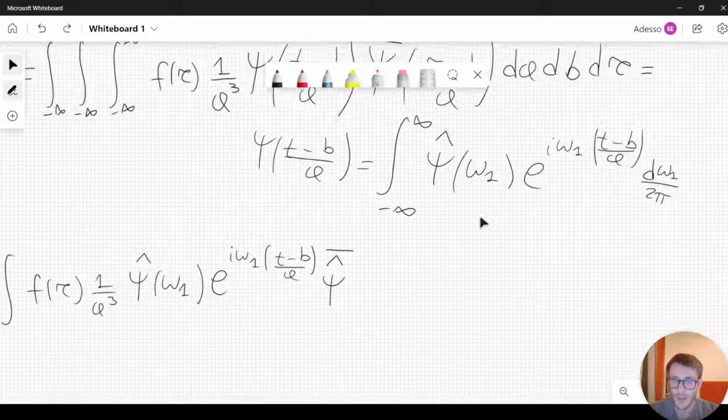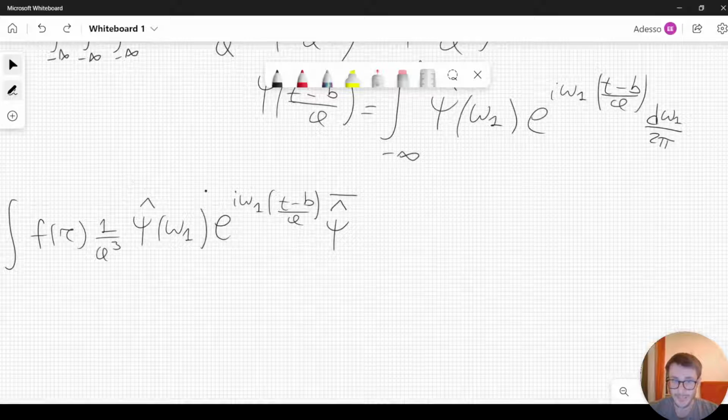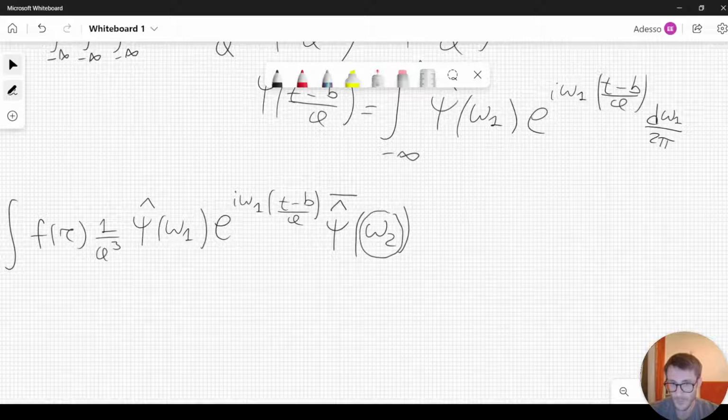So I have psi hat bar, and then this will depend on omega 2. I have to be careful here because I have to change omega 1 to omega 2 because these are dummy variables, because we are integrating over these variables. So I cannot call them the same way. I have to change the name. I have to label them differently.